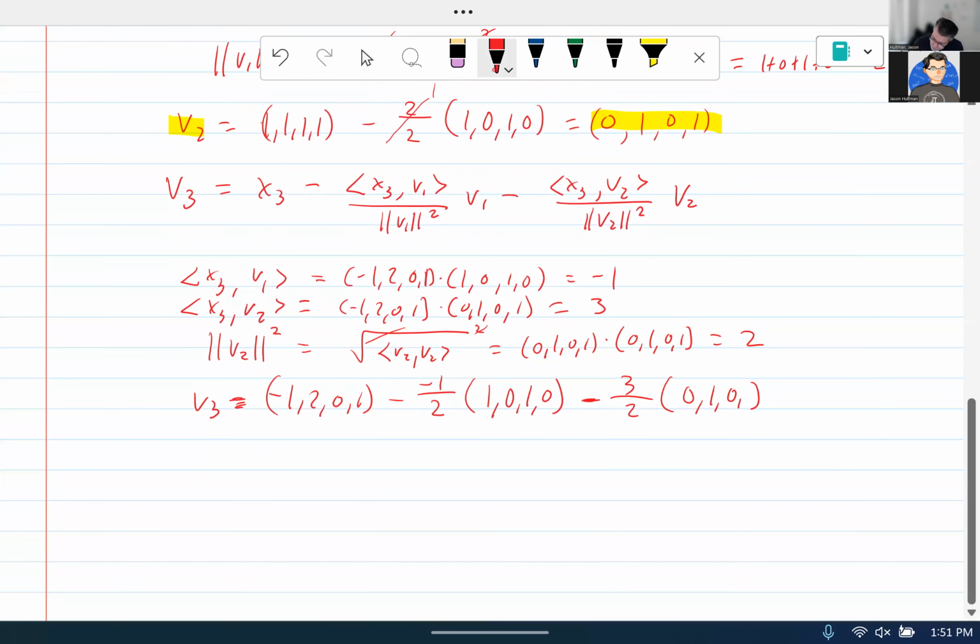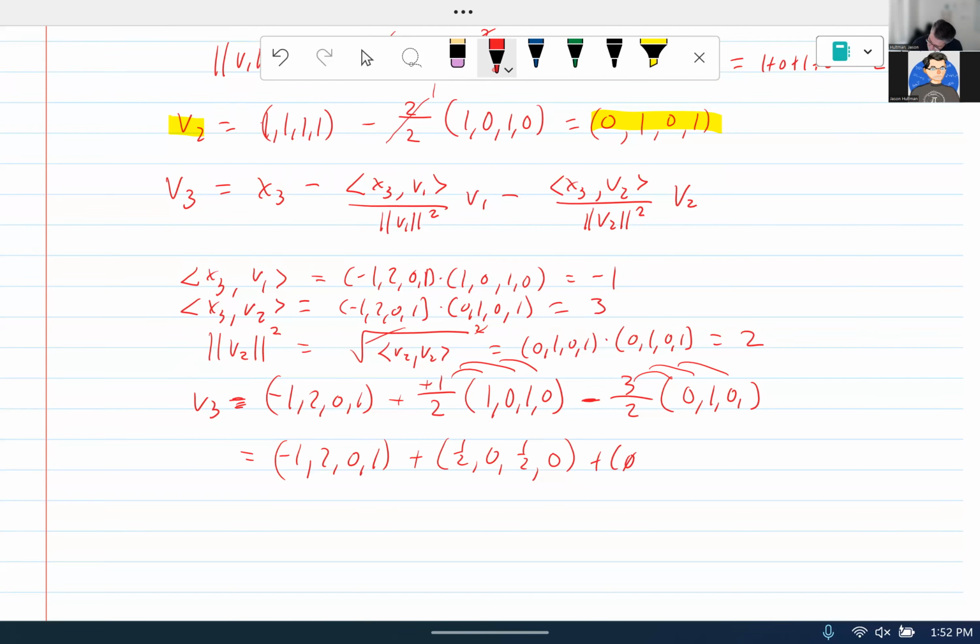Okay, so now let's just distribute and combine these. These negatives are going to cancel to become positives. So we get negative 1, 2, 0, 1 plus distribute the 1/2: 1/2, 0, 1/2, and 0, and then distribute the negative 3/2: 0, negative 3/2, 0, and negative 3/2.